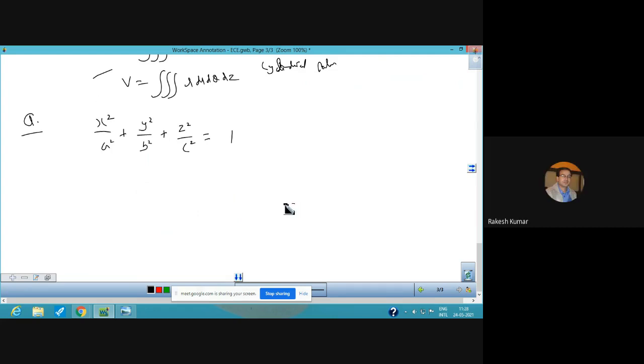So we have a 3D plane. This is the z axis, this is the y axis, and this is the x axis. And your ellipse or ellipsoid. An ellipsoid is always a three-dimensional figure.